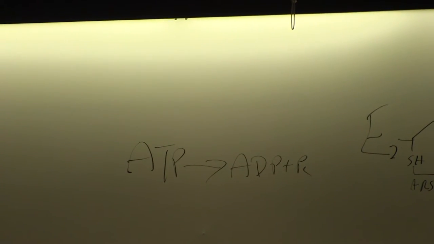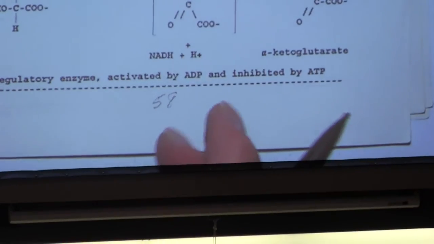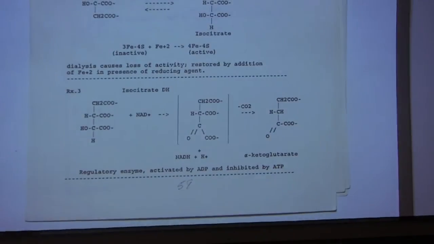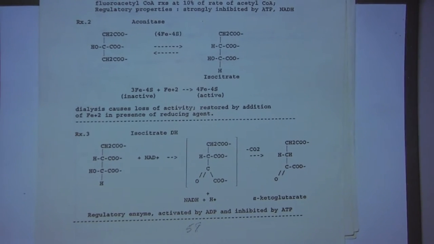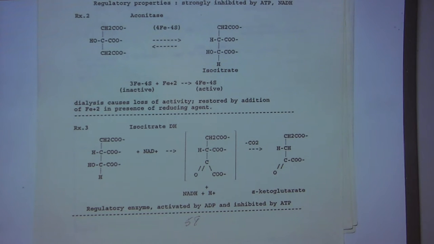And so when ATP is low, ADP diffuses down to this enzyme and also the glycolysis enzyme, and it will attach to the positive effector site. That means the inactive enzyme goes to an active conformation. Otherwise this enzyme stops working, and that stops the whole cycle.